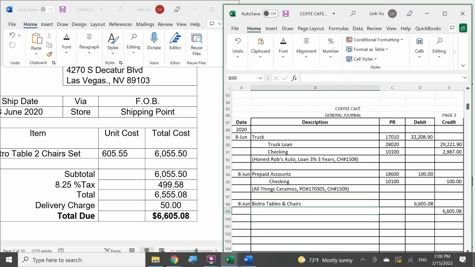All right. Bistro tables and chairs, which is account number 1310, I said. And how am I going to pay for these chairs? Checking.